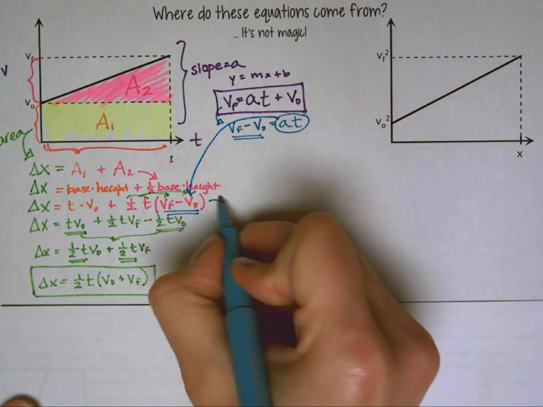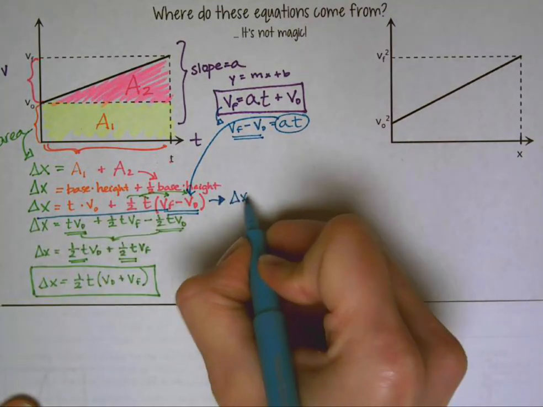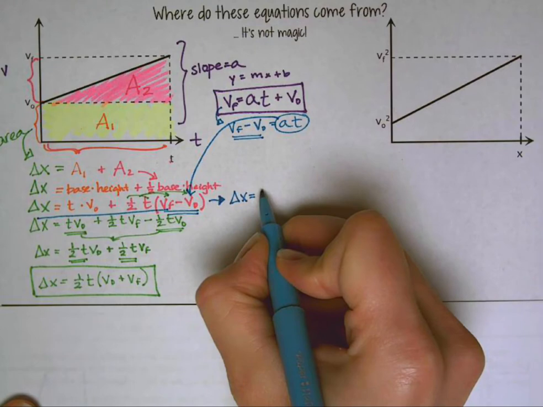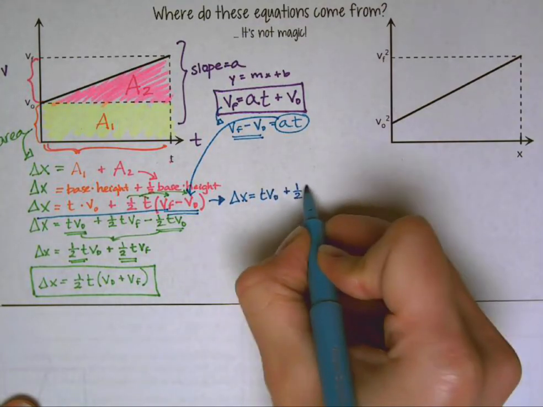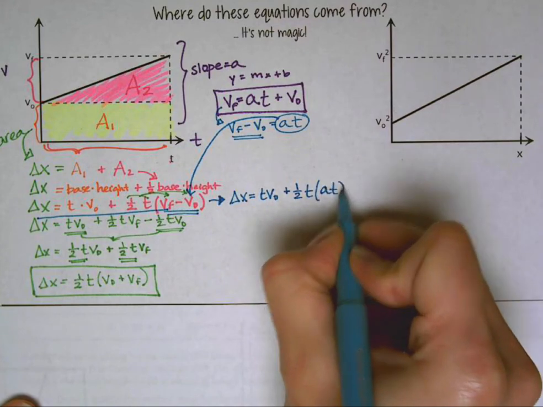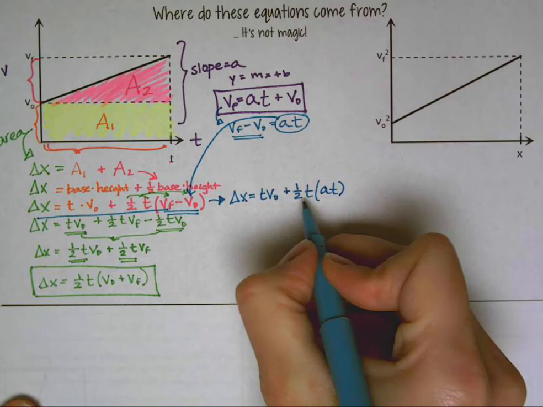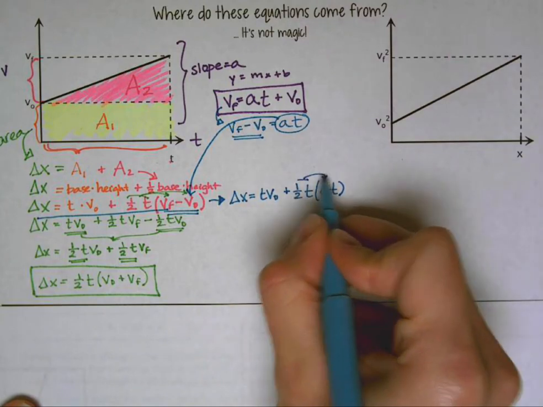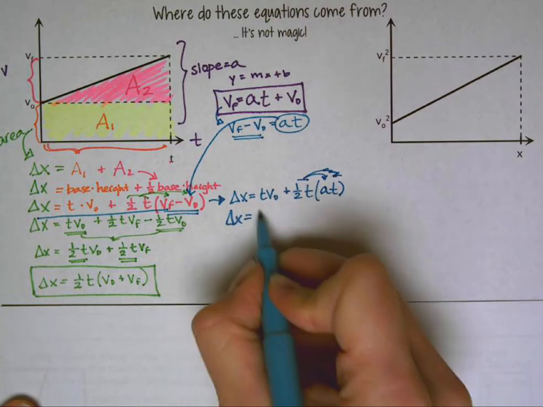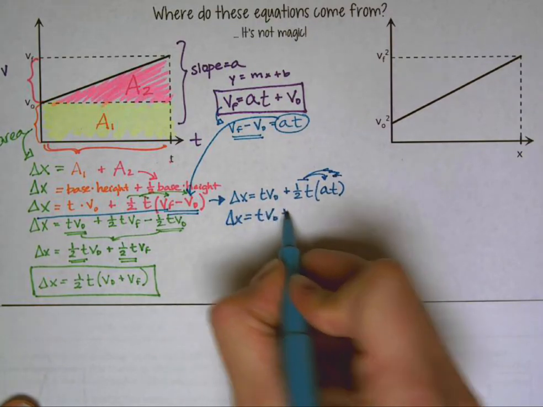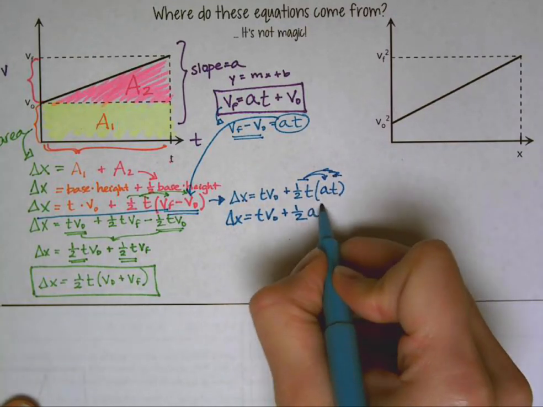I'm going to rewrite this whole equation as displacement equals t times v naught plus 1/2 t times at. So we just replace the vf minus v naught with at. We can distribute this in, and we get t v naught plus 1/2 t times at, so a t squared.